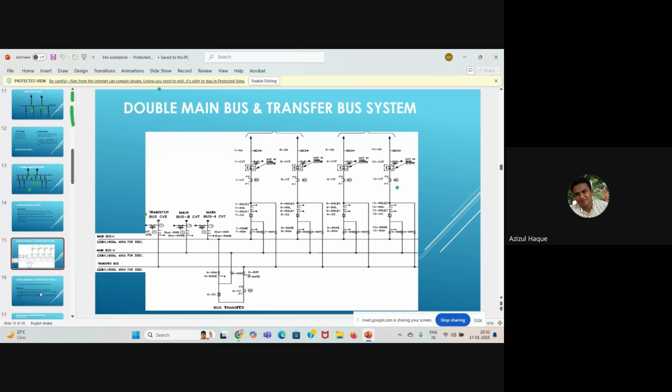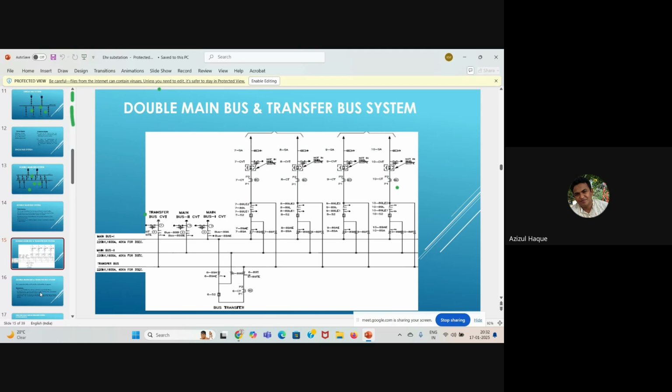So all protection of the line will be taken care of by the protection scheme of the transfer bus coupler breaker, and this breaker will trip to isolate the fault in case a fault happens to this line when the main breaker is under maintenance. But here one problem is there. We have only one transfer bus breaker.